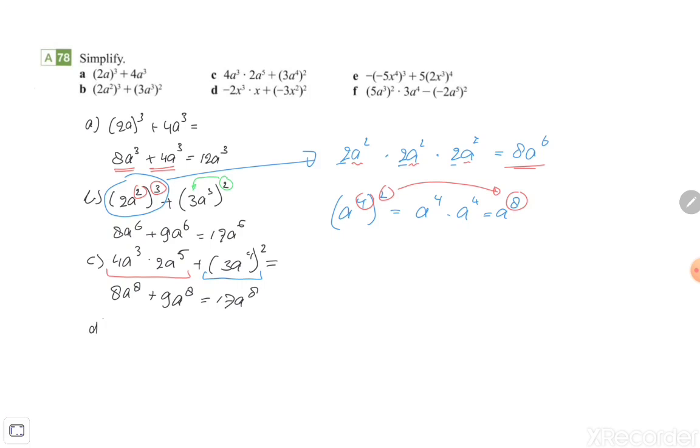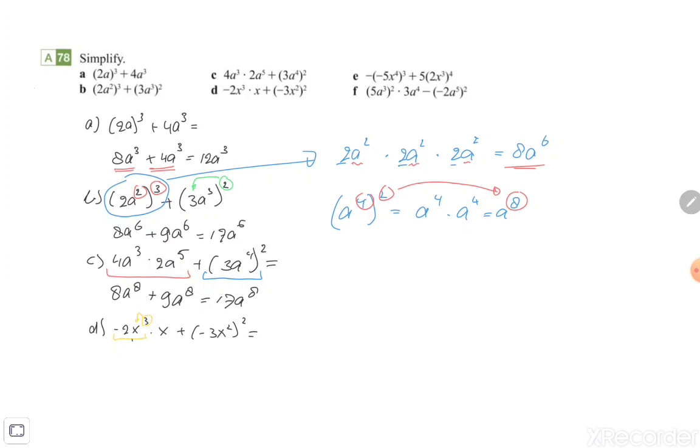Okay, exercise D. Minus 2x to the power of 3 times x plus, inside the bracket, minus 3x squared, all to the power of 2. Here, be aware that the exponent 3 only belongs to the x and not to the minus 2, because minus 2x is not inside the brackets.